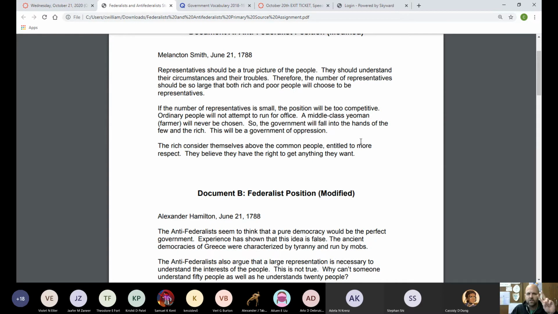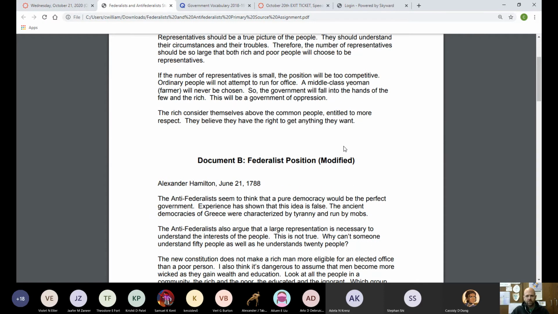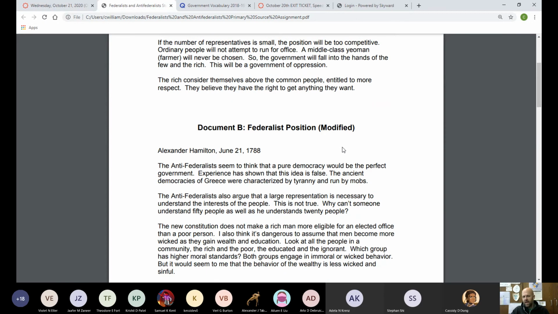And so you're going to see two very different, polarizing statements here by Smith and by Hamilton on the issues of representation. You're going to see Hamilton referencing examples of where major, huge democratic nations or societies, or empires like Greece, did not survive.